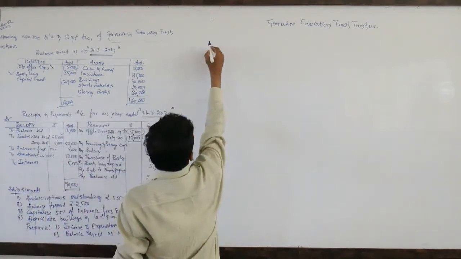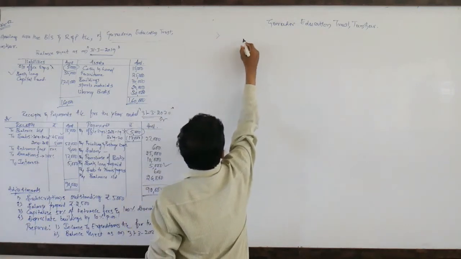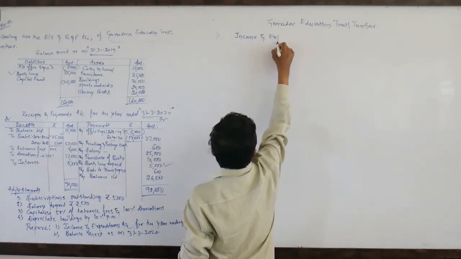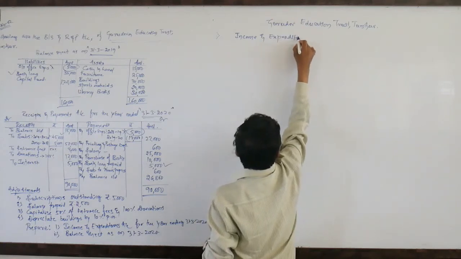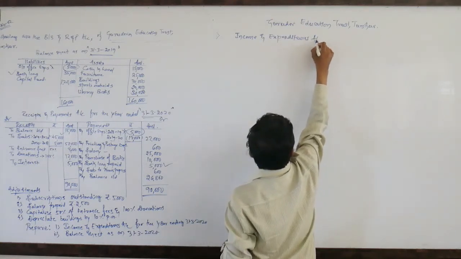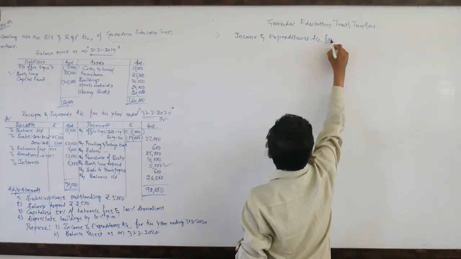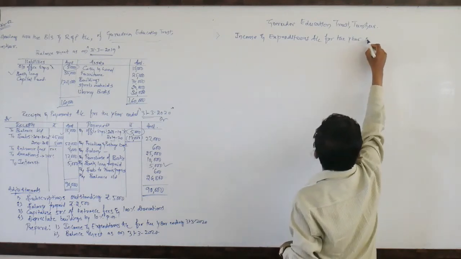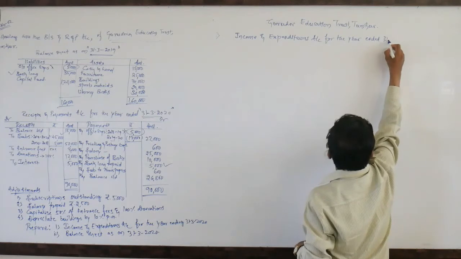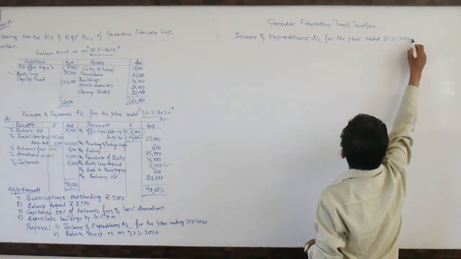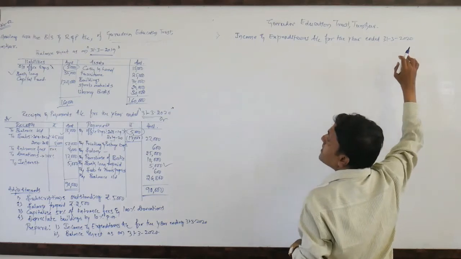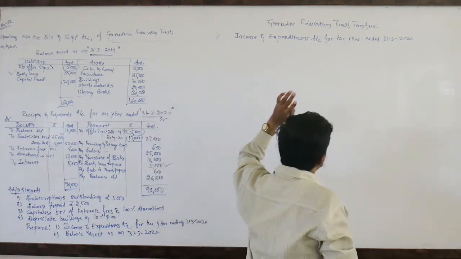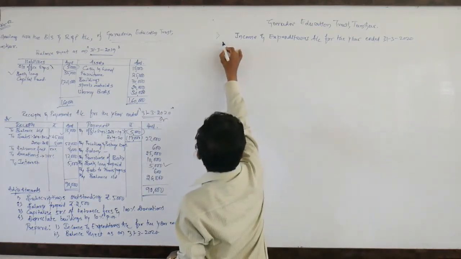The first one, income and expenditure account for the year ended 31st March 2020. This date is from the receipts and payment account. This is the current year date, 31st March 2020. Okay.